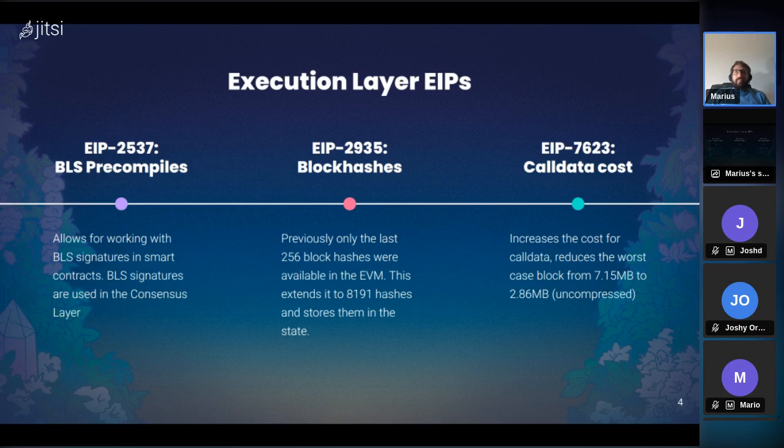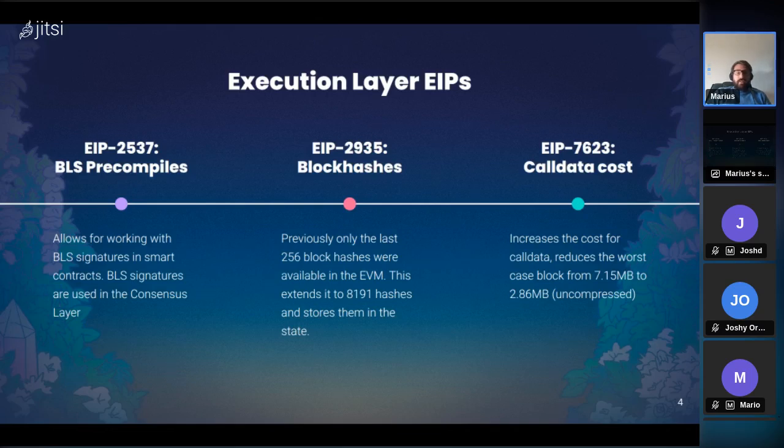But yeah, in the meantime, we launched the beacon chain. The beacon chain runs on BLS, and so we need a way to verify BLS signatures in the EVM.